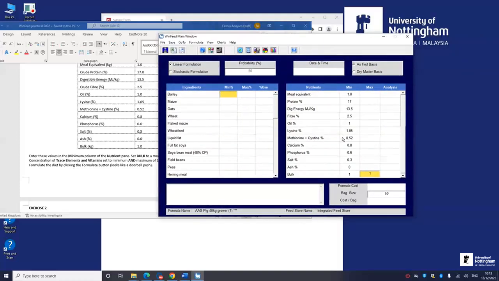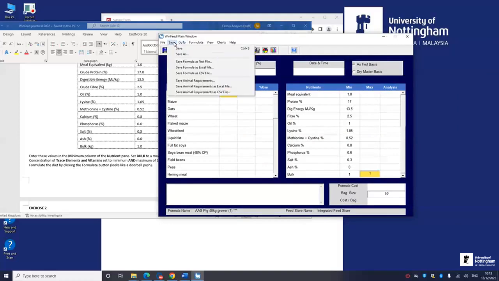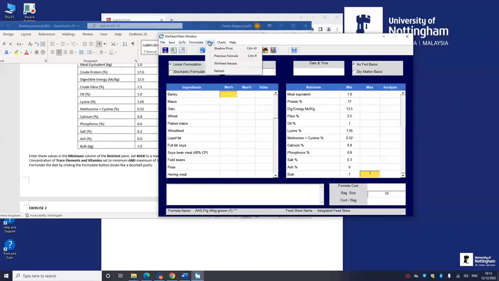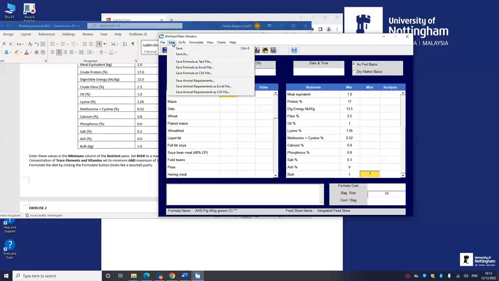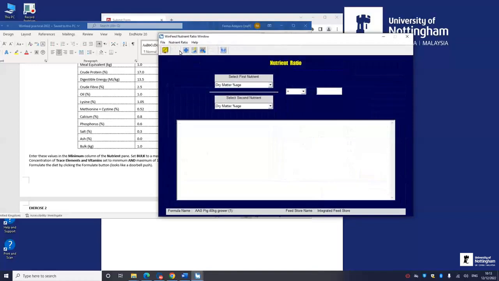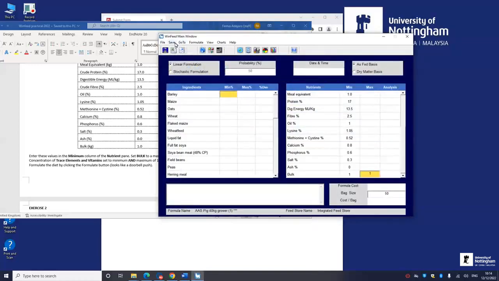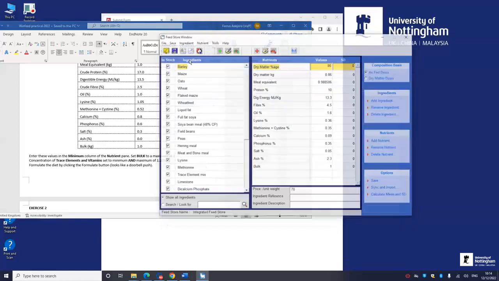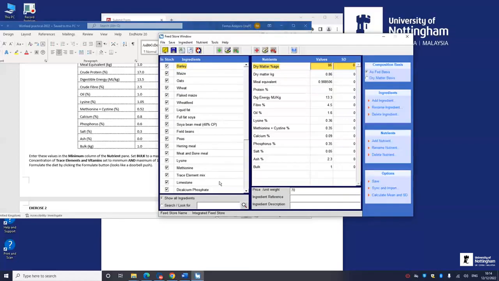Concentration of trace elements and vitamins set to a minimum of 1.25. Here it's not showing, so what I'm going to do is add trace.